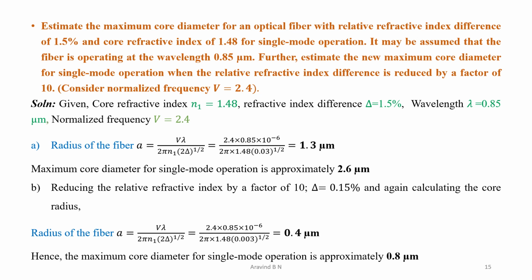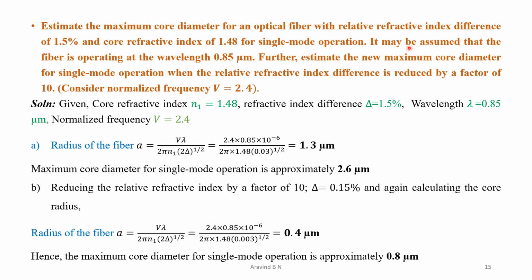One more problem. The problem statement: estimate the maximum core diameter of an optical fiber with a relative refractive index difference of 1.5% and a core refractive index of 1.48 for single mode operation.